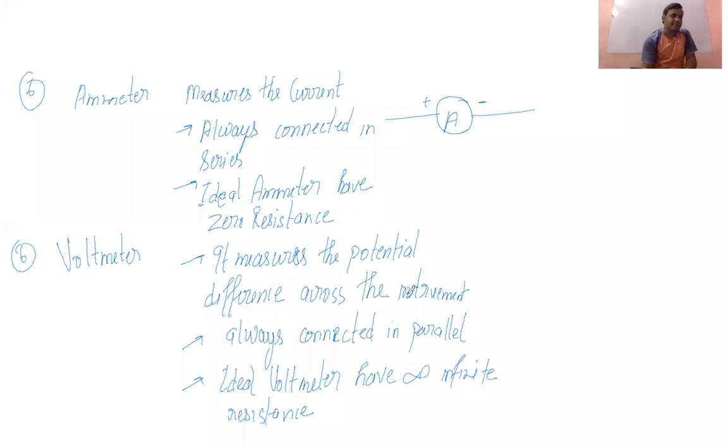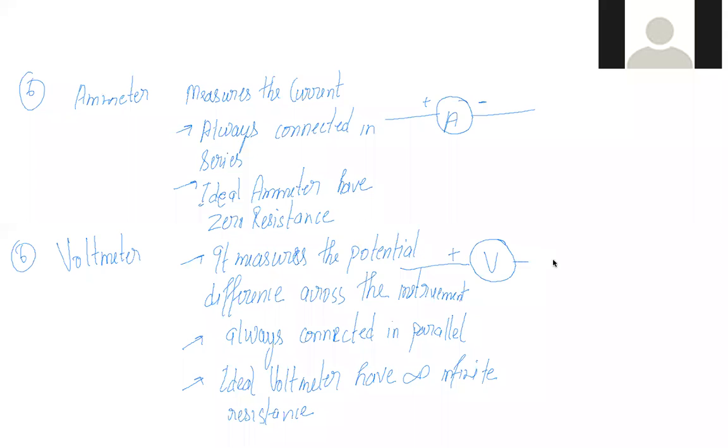The symbol of this voltmeter is like this, in a similar manner to the ammeter, but here it will be written as V, with plus and minus. Got it?